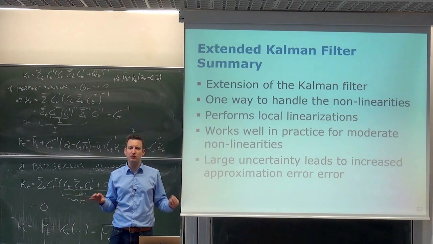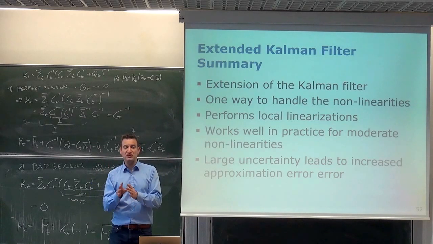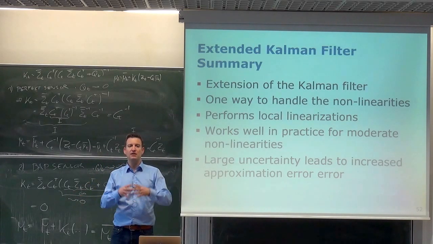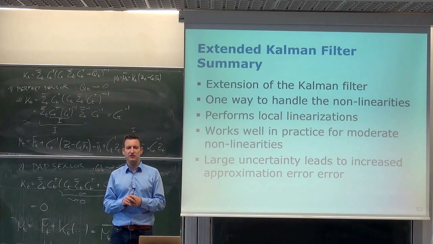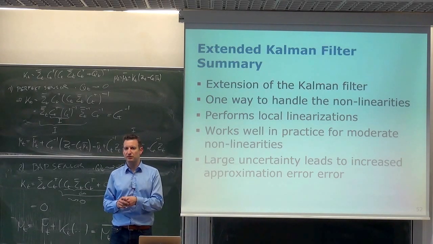So there's no relinearization involved. As long as no linearization is needed, both approaches are equivalent. But in a nonlinear world, they will provide different estimates through the inability of the Kalman filter to relinearize.